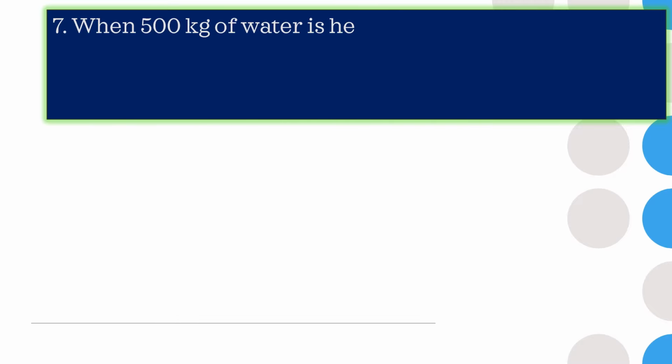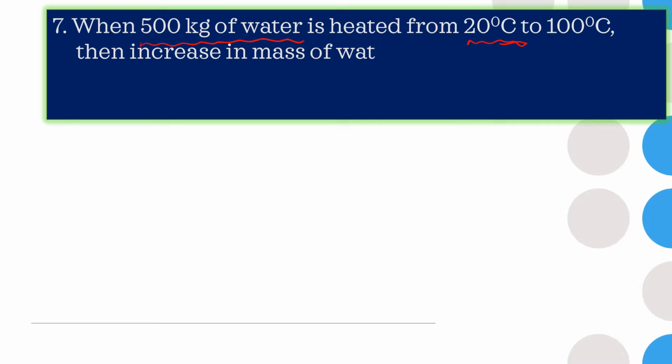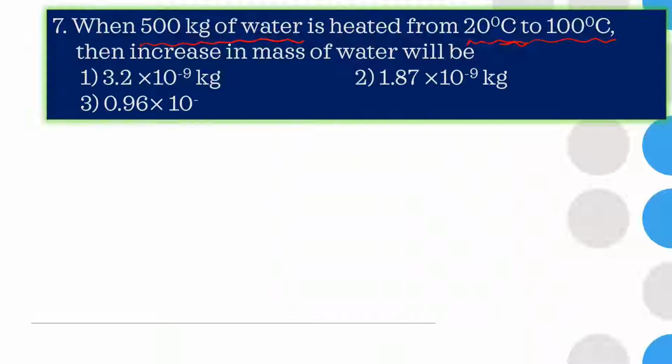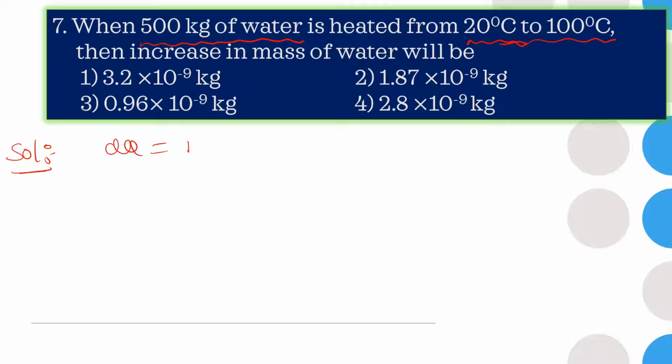When 500 kilogram of water is heated from 20 degree centigrade to 100 degree centigrade, then the increase in mass of water will be? Here we have to calculate the increase in mass of water. Now let us go to the solution. dQ is equal to m s dT.